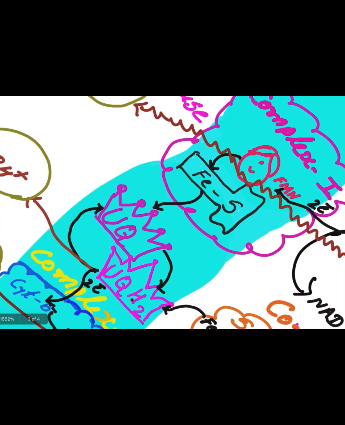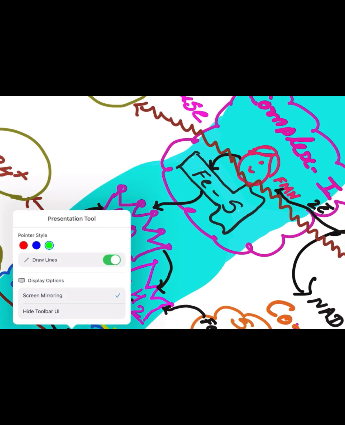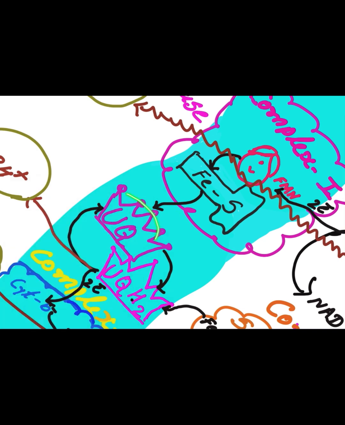So I have shown a hammer-like structure, a strong structure. So these electrons are accepted by this FeS protein. This FeS protein transfers the 2 electrons to ubiquinone. Now this ubiquinone is reduced to ubiquinol.